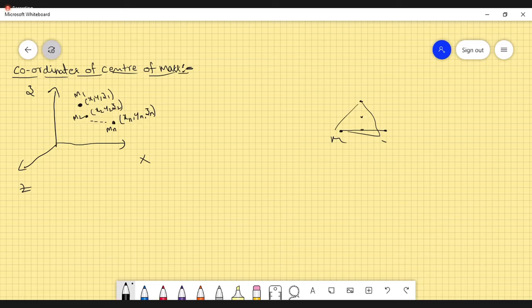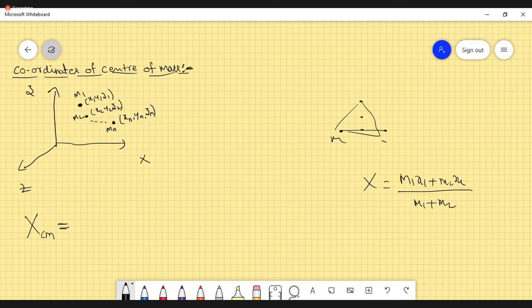Now we have to find the coordinates of the center of mass. The center of mass along the x-axis: what is the center of mass of a two-particle system? That will be (m1 x1 plus m2 x2) divided by (m1 plus m2).